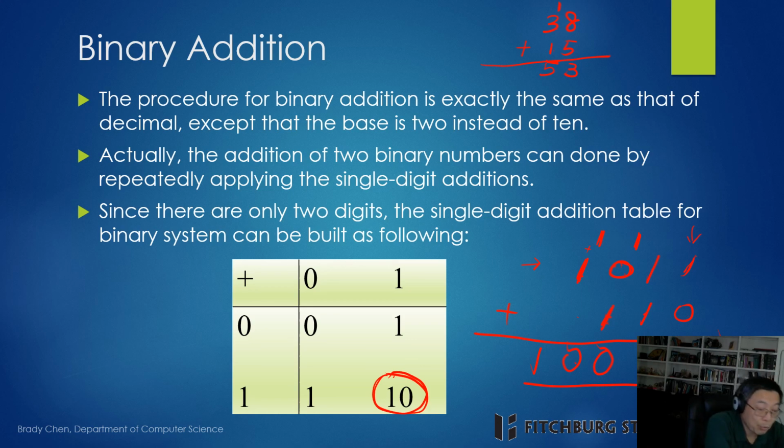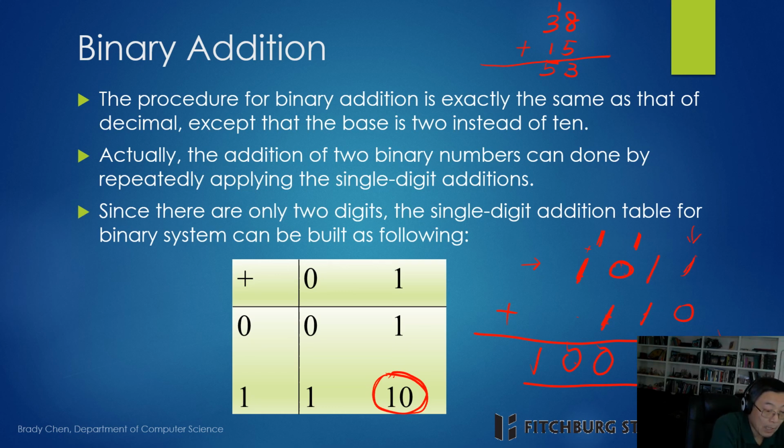During the binary addition, we perform the single digit additions, first from the ones position, and then from the twos position, the fourth position, the eighth position. Just like the decimal case, where you go from the ones position, tens position, and hundreds position.